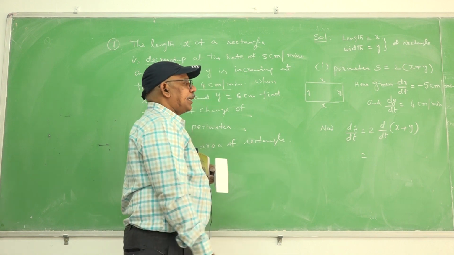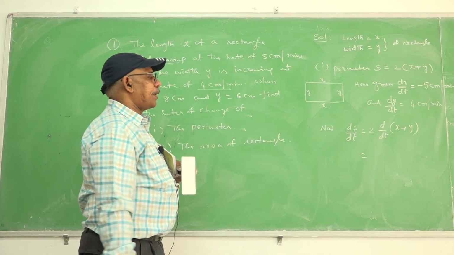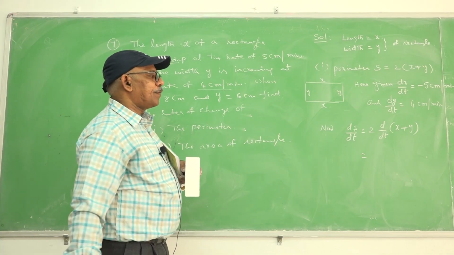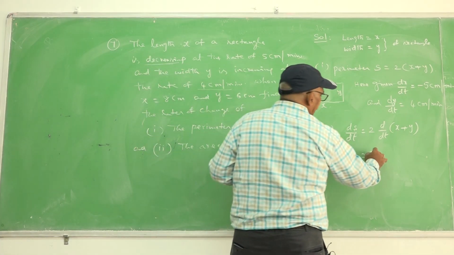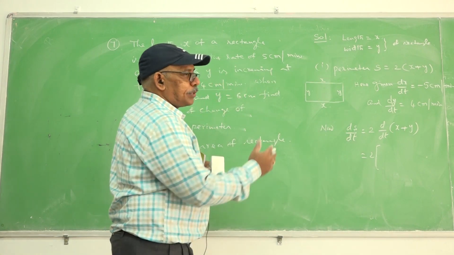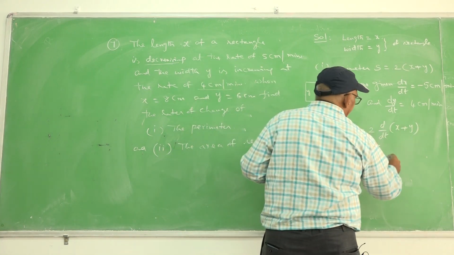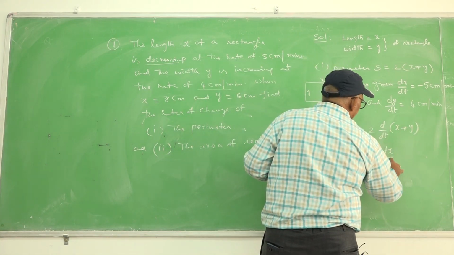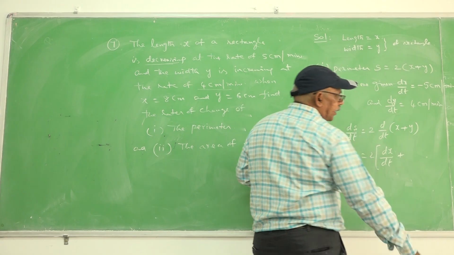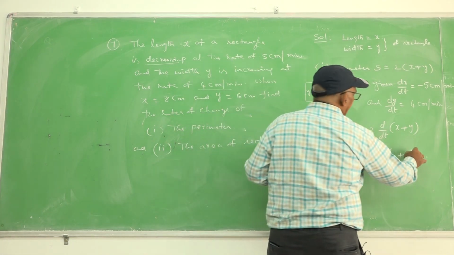Since 2 is a constant, it does not depend on the variable time t. So, 2 into derivative, you can differentiate term by term, and we get dx by dt plus dy by dt.